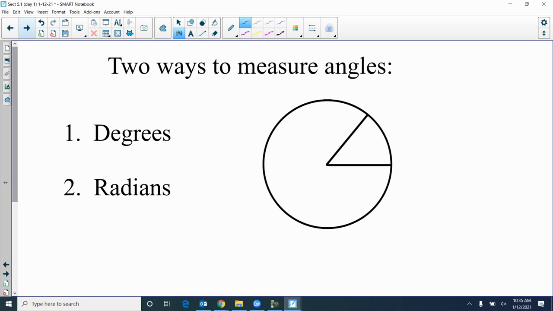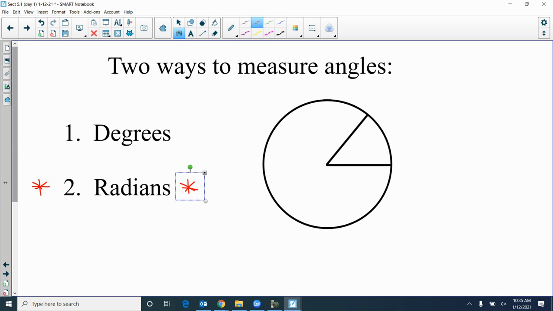Which one is typically used in the scientific community? Centimeters and meters, right? In math, you got degrees and you got radians. Typically, we are going to use radians, and this is what you are not as familiar with. It's just 2 different ways to measure the same thing.